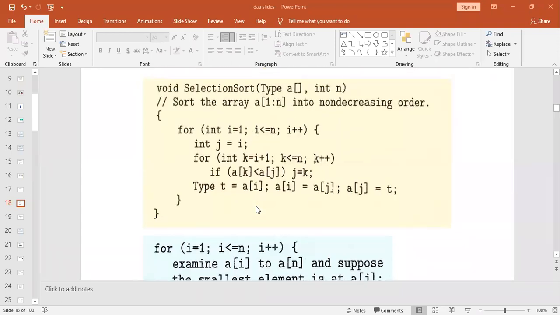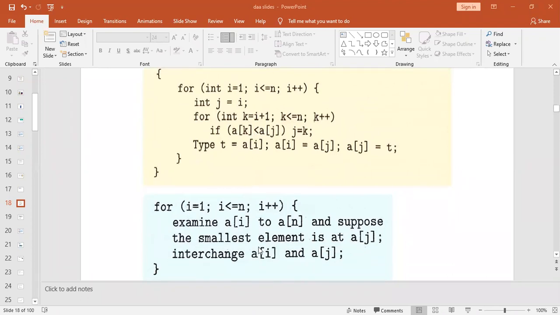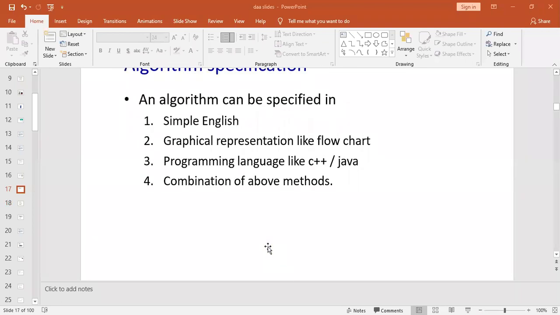Keep in mind, if you came to the offline class, we went through some programs and how to write the algorithm. Here also we are going with one particular example. It is one of the sorting techniques we have taken in order to sort the elements. For writing the programming code, we will see how to write the algorithm in the upcoming classes.